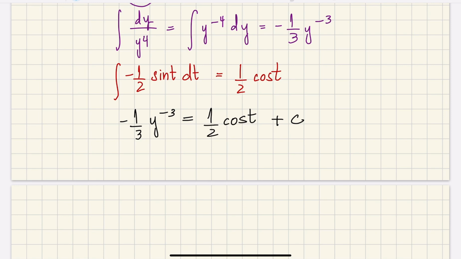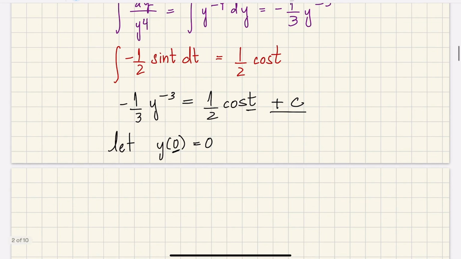What if we had initial conditions? We can then solve for c. Let y(0) is equal to 0, as in whenever we put in 0 for t, our y comes out to be 0.